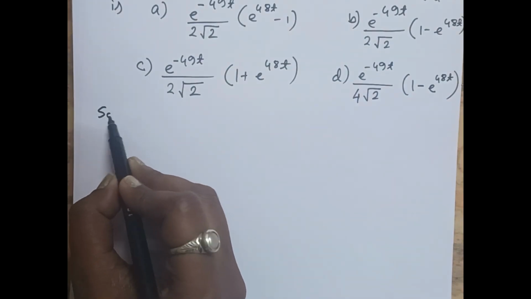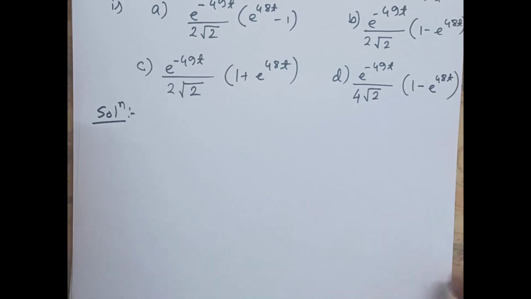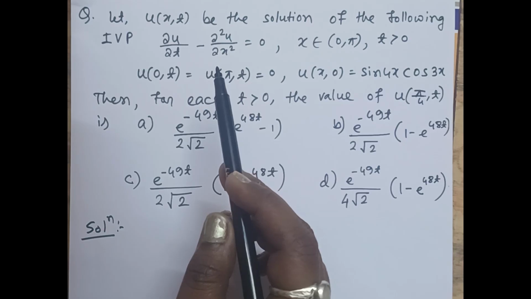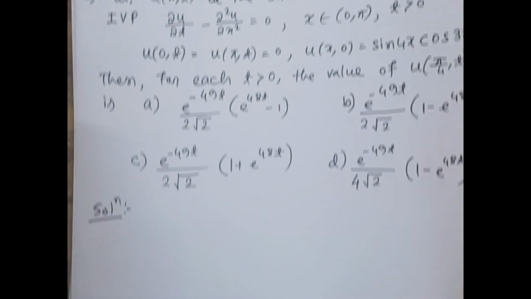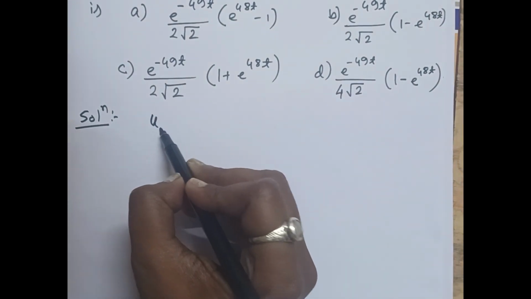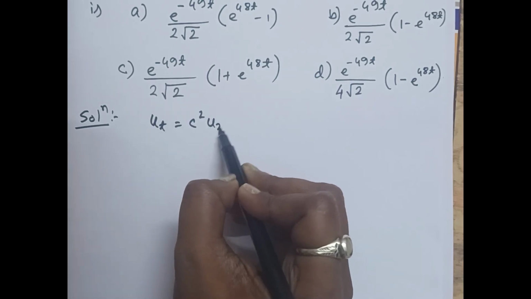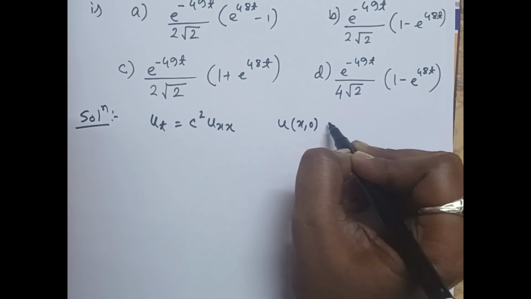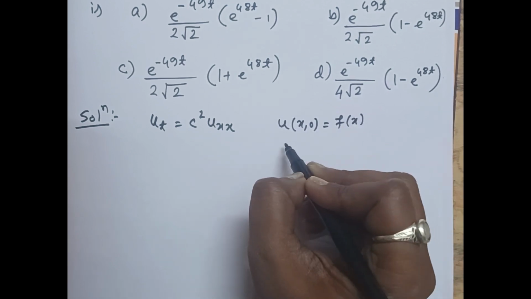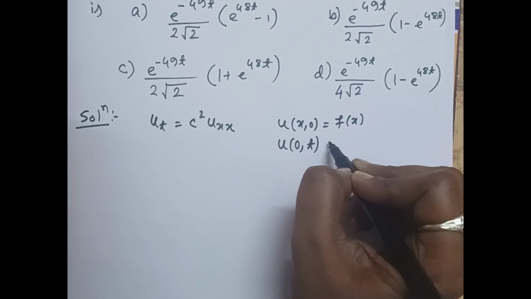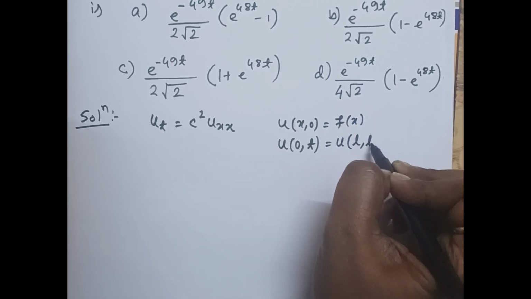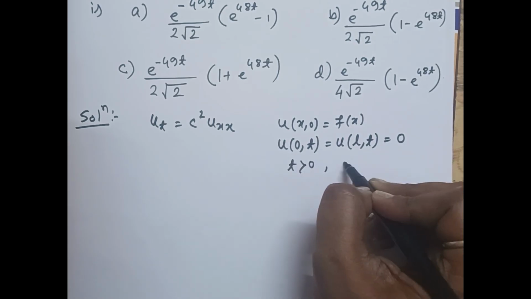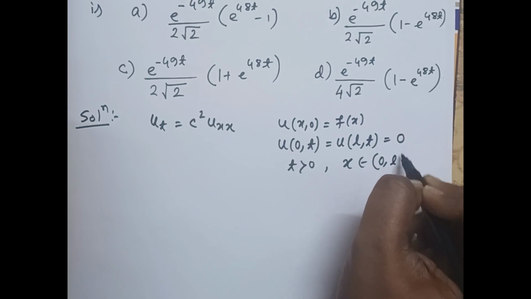So let's start the solution. Now you can see that the question is a standard heat equation, because here ut equals c square uxx. The standard heat equation is ut equal to c square uxx, where u(x,0) equals f(x), u(0,t) equals u(l,t) equals 0 and t greater than 0, where x belongs to the interval 0 to l.